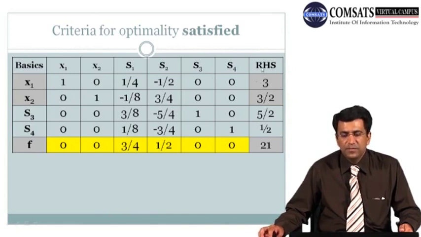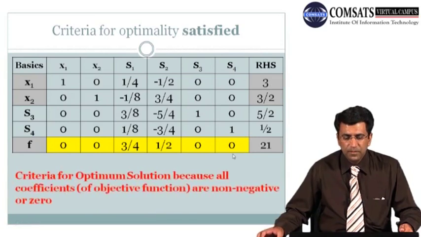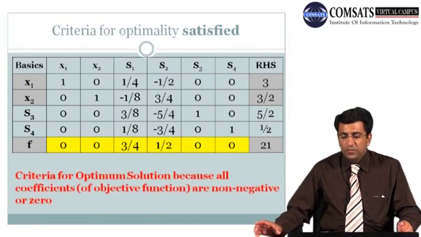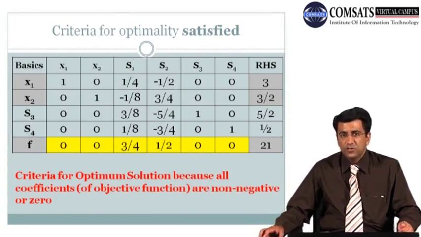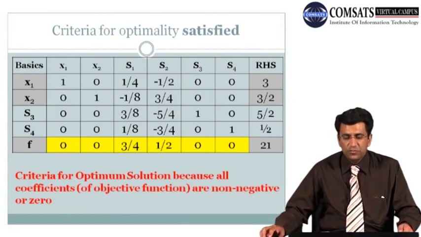Again, it is represented by the corresponding value in that right hand side column. So the criteria for the optimal solution has been satisfied because all the coefficients of the objective function are non-negative or 0, as I just told you.